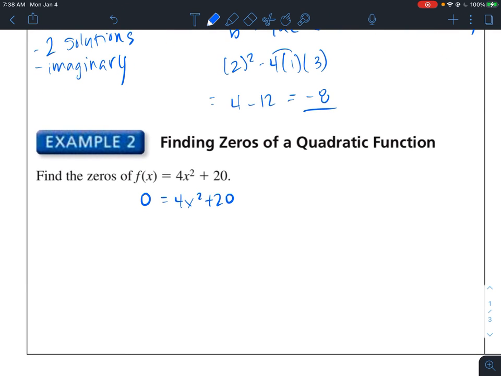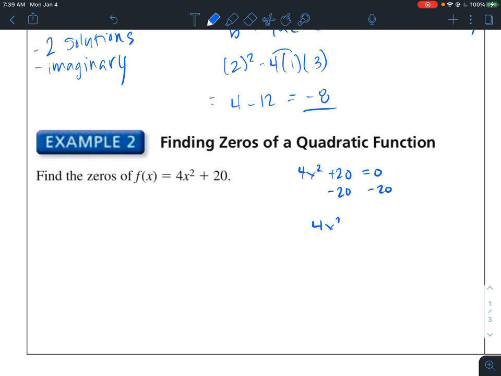Alright, now we can solve for x. And just so we're more familiar with it, I am going to move it so that it's on the other side, so that it's 4x squared plus 20 equals 0. To solve for x, I'll subtract 20.